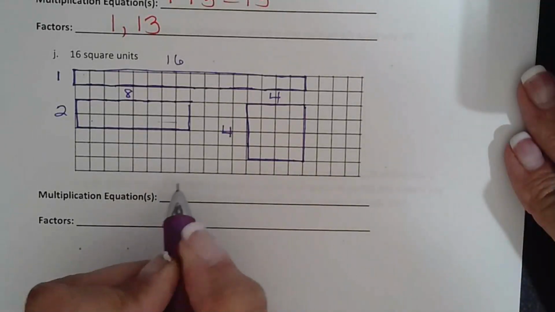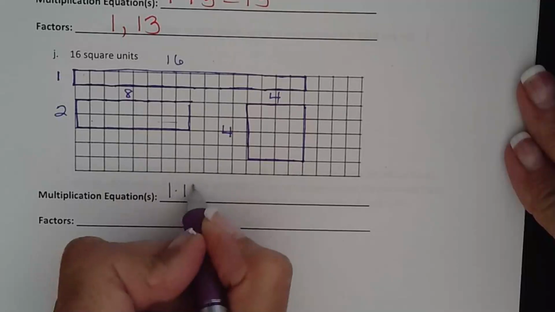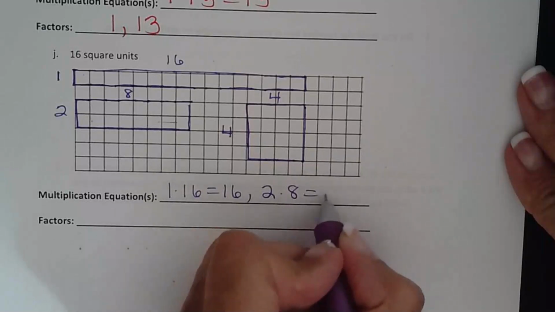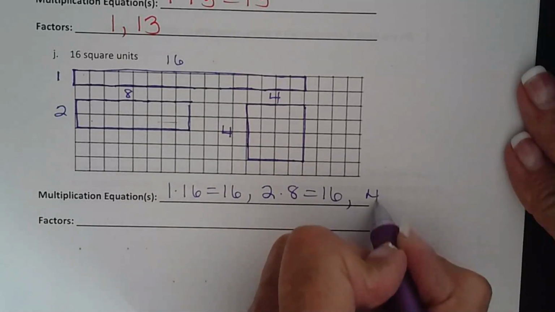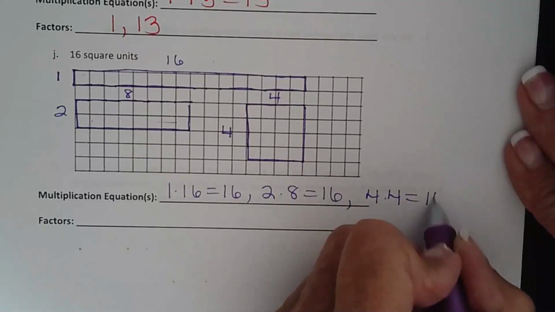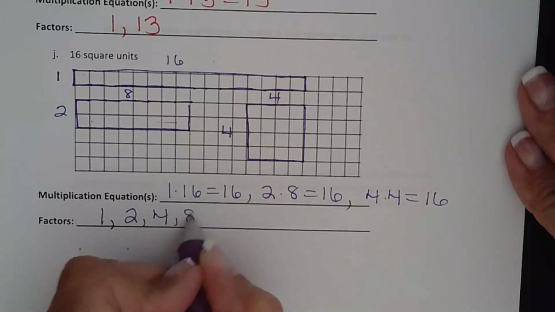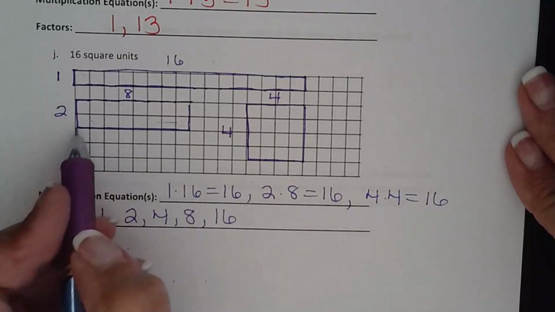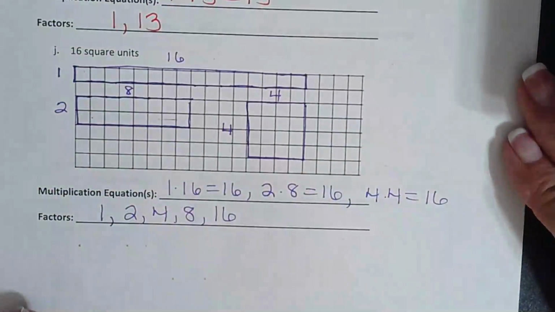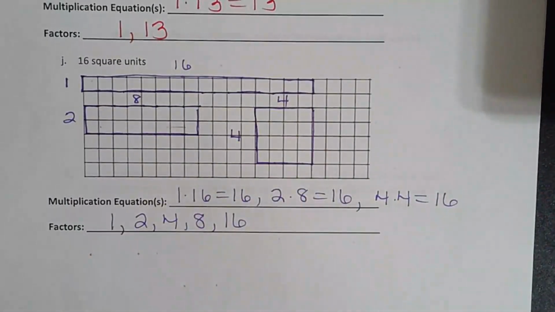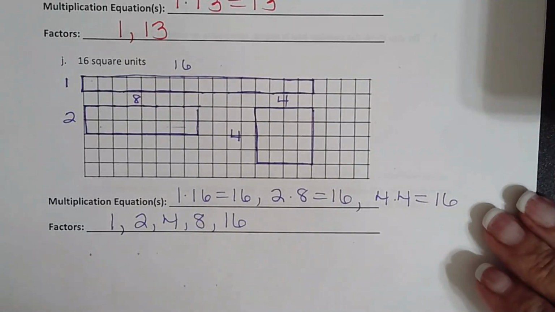So we have 1 times 16 is 16, 2 times 8 is 16, and 4 times 4 is 16. And listing the factors in order, 1, 2, 4, 8, and 16. So those are all different ways to find 16 square units. In other words, we're just finding factors of 16, the numbers that go into it evenly.